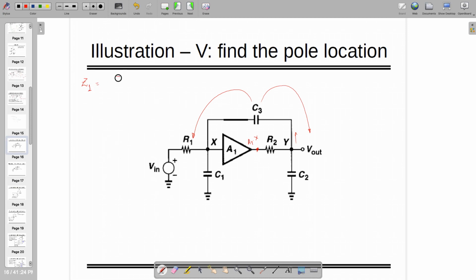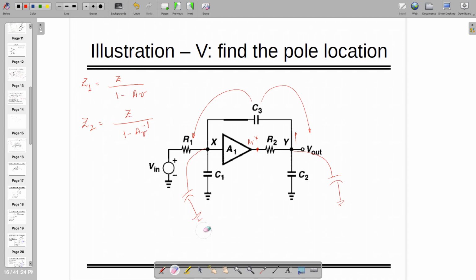Z1 is equal to Z divided by 1 minus AV, and Z2 is equal to Z divided by 1 minus AV inverse. You need to find out all these things and you have to keep it here, and you can find out two more capacitors over here, right? And you can feed these values from these equations.